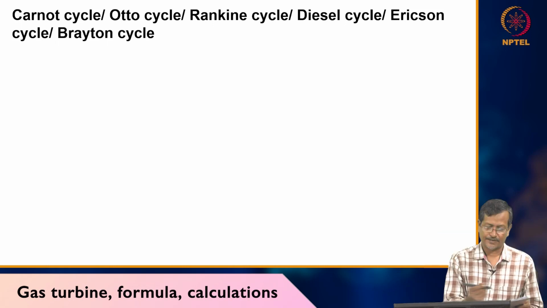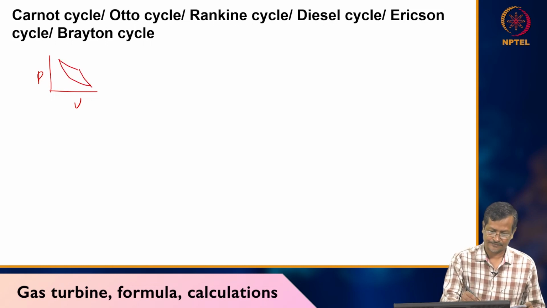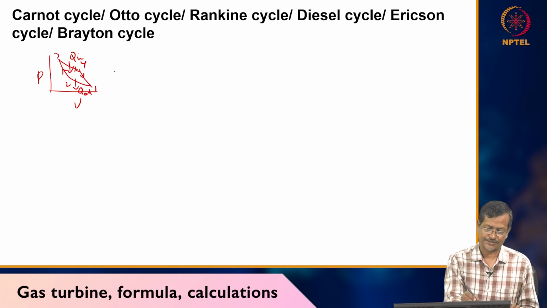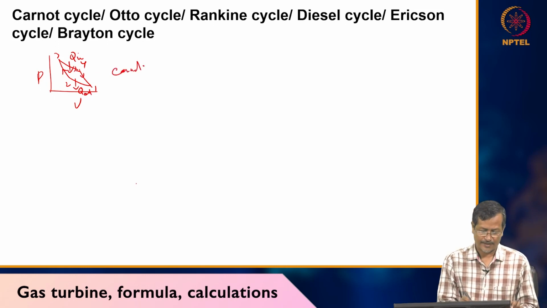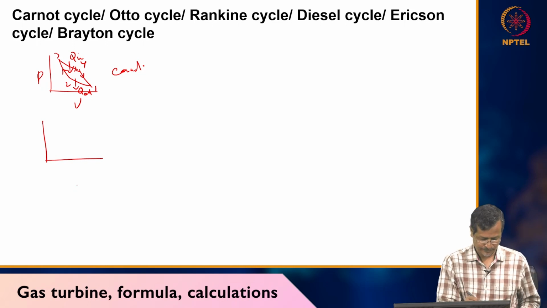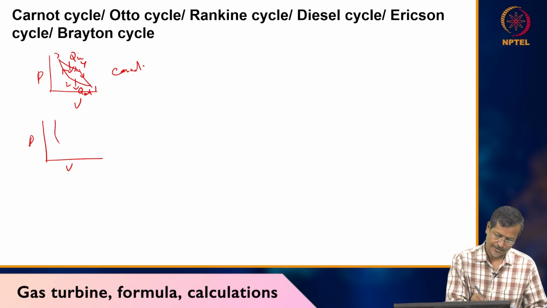The Carnot cycle in a PV diagram will be like this: 1, 2, 3, 4, with Q coming in and Q going out. Now for the Otto cycle, the PV diagram we have drawn like this.